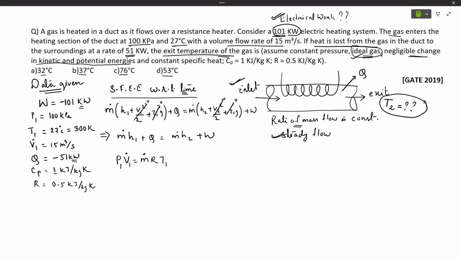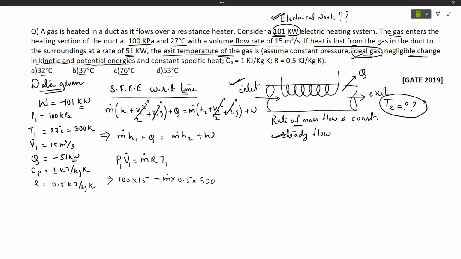So let's solve this. P1 is 100 into V1 dot is 15 equal to m dot into R, which is 0.5, into T1. T1 is given, that is 300 Kelvin.